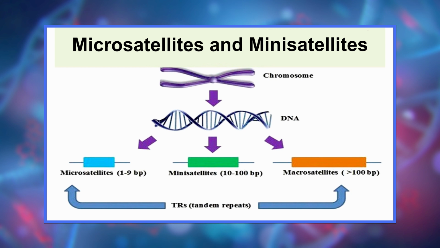Tandem repeats are also referred to as simple sequence repeats, microsatellites, or minisatellites. These repetitive sequences can be located in exons, introns, or intergenic regions, providing opportunities for the modulation of gene expression and for that of the structure and function of RNAs and proteins.